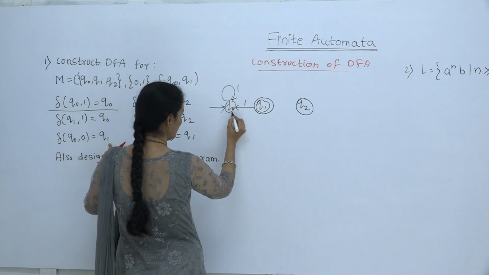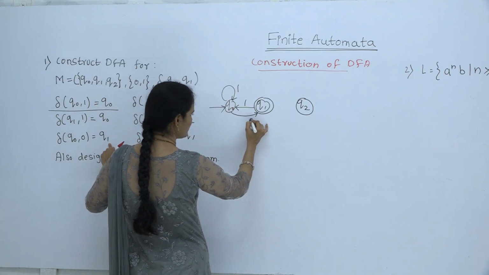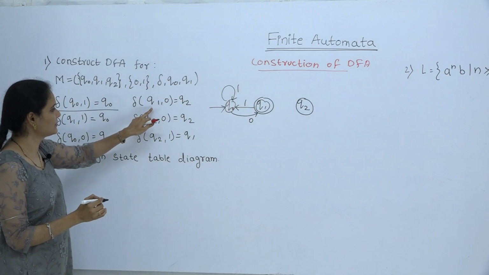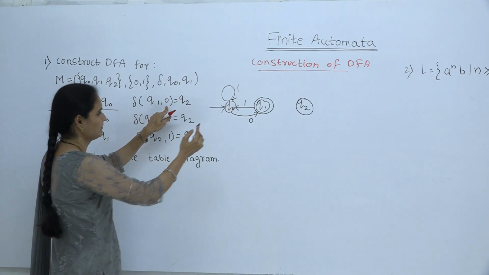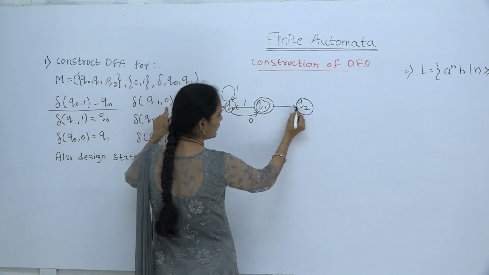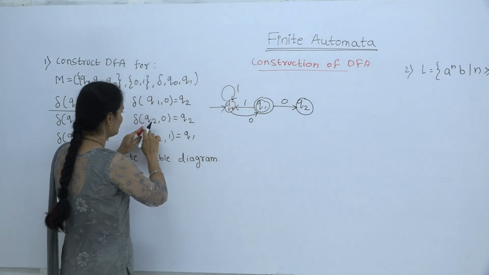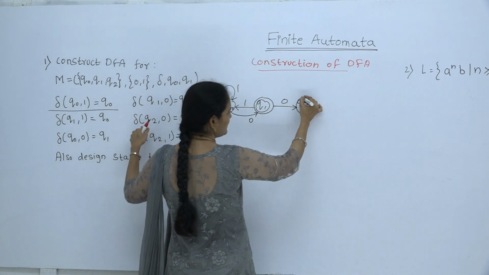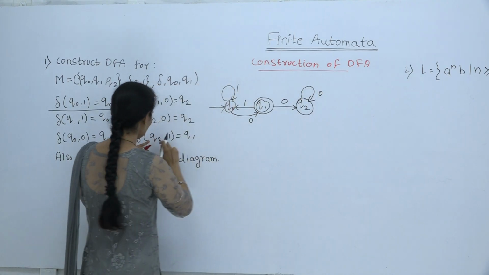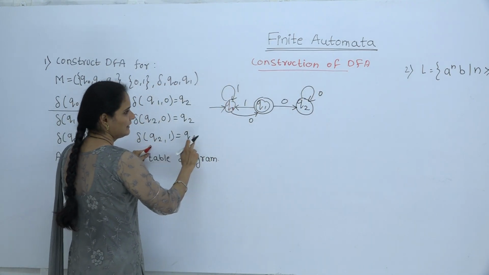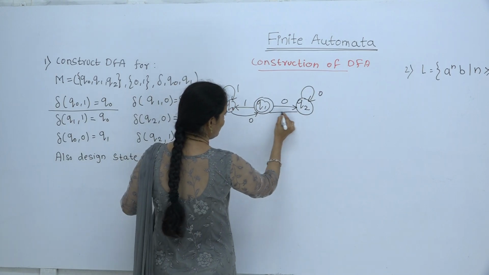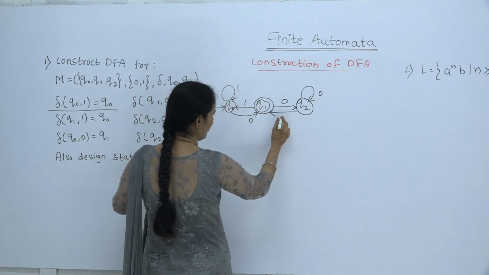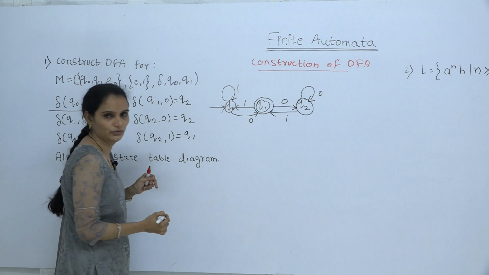Next q1 on input 0 it goes to q2. q2 on input 0 it goes to q2, means one loop is there. q2 on input 1 it goes to q1.